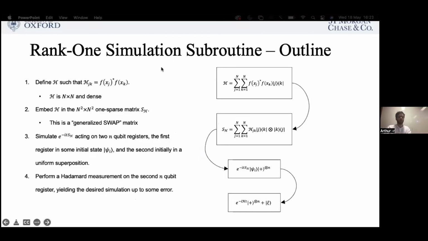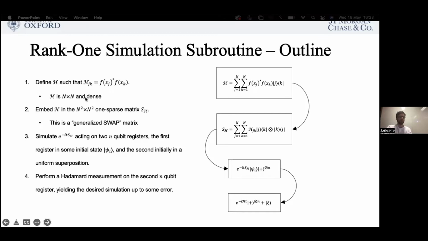So the way this rank 1 simulation subroutine works is you have an H. In practice, you don't know the normalization factor. So you define the matrix elements of the H exactly as the value of the function at x_j multiplied by the value of the function at x_k for element h_jk. So H is n by n and it's dense.